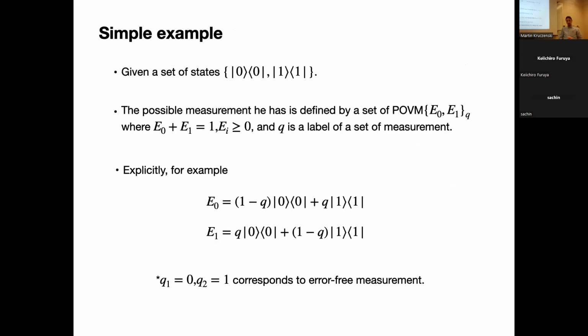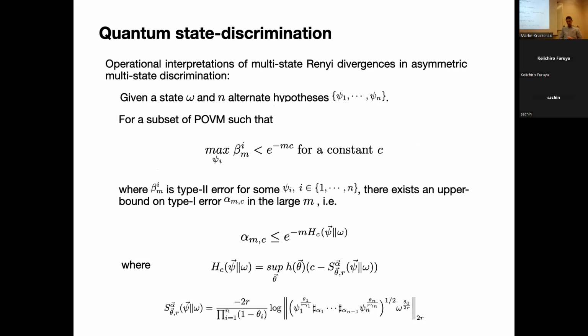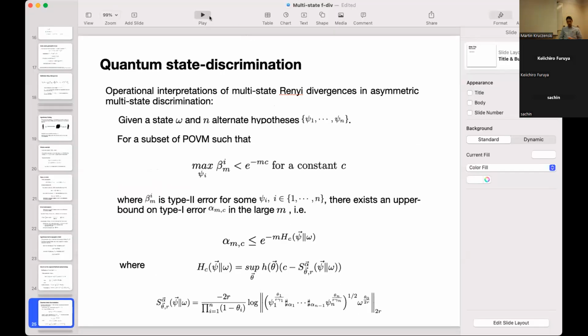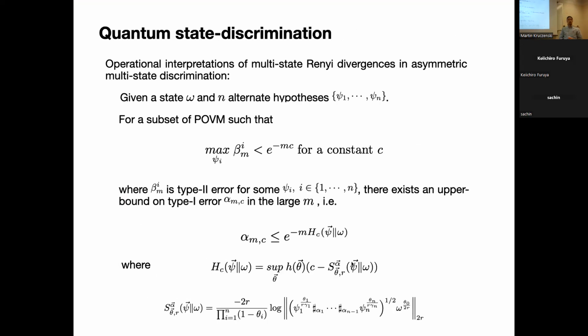So for the two-state case, we know that the upper bound is given by the Hoeffding divergence. This is proven here. In our case, it's multiple states, so we don't have a Petz divergence.